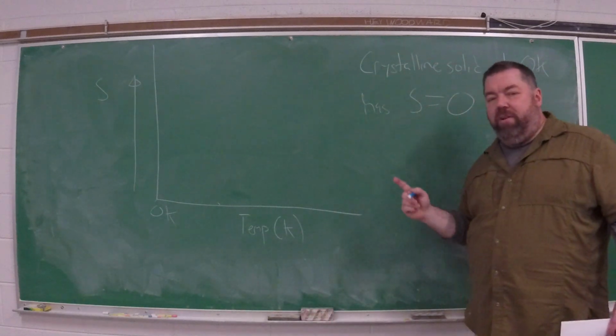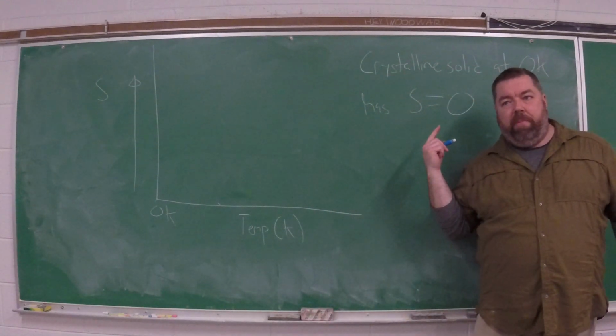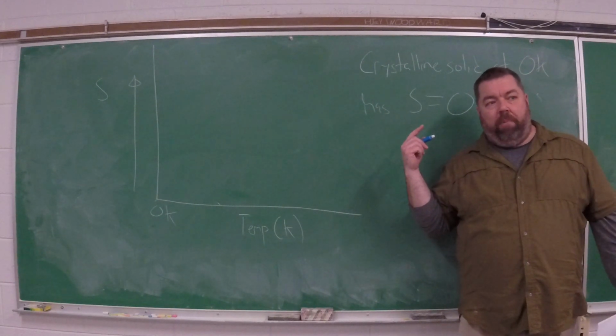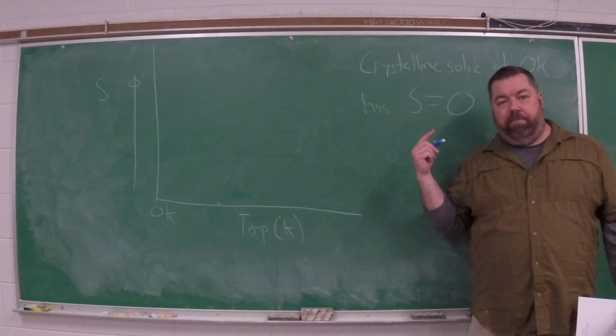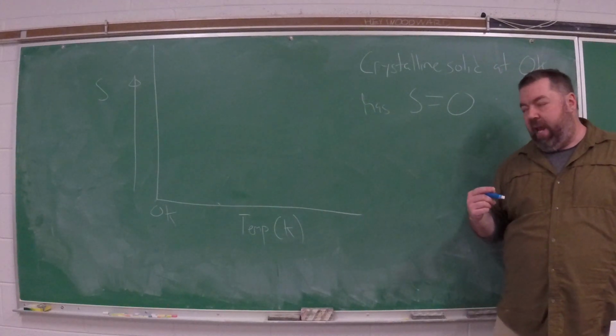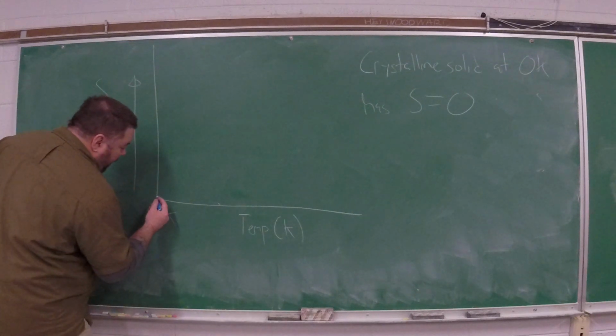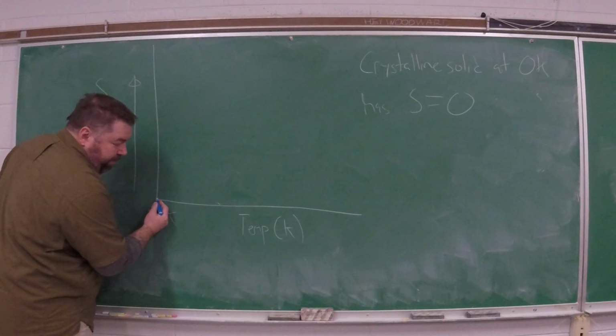Technically, that's not possible, because you can't be at absolute 0. All molecular motion would cease, and that's impossible due to quantum mechanics. So anyway, we have a perfect crystalline solid, so it's at 0, theoretically.